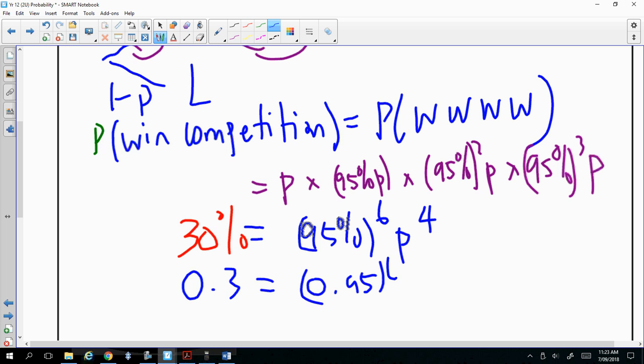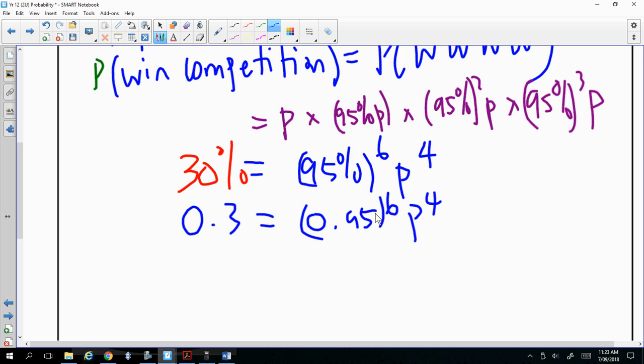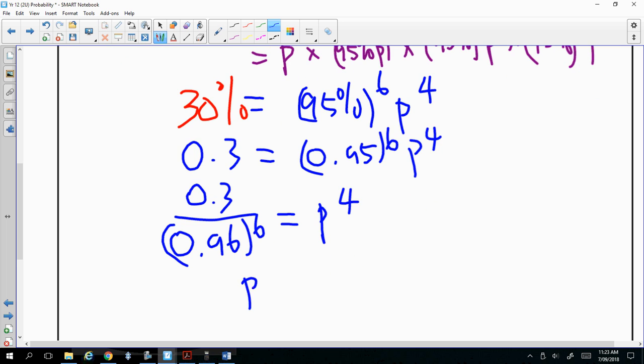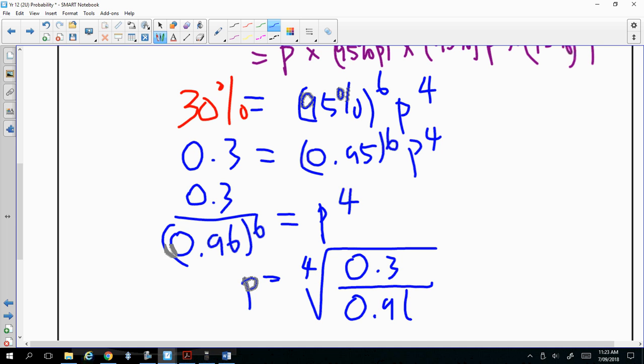So to work out what P is, you go 0.3 divided by 0.95 to the power 6, and you fourth root your answer. Use your calculator.